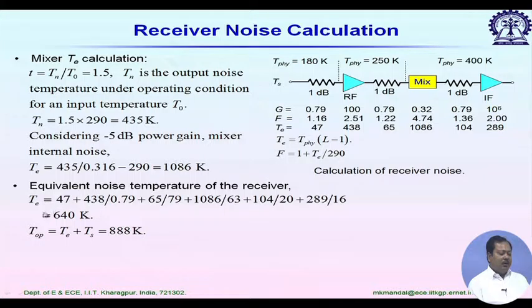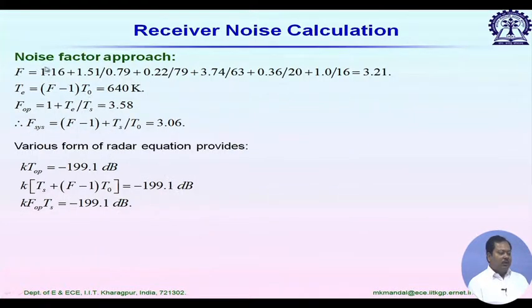If you look at this, you see the main contribution comes from the first component, and the second noisiest component is the mixer. Next, the noise factor approach. We have the values, simply put the values in the equation, and the equivalent noise factor comes to 3.21.